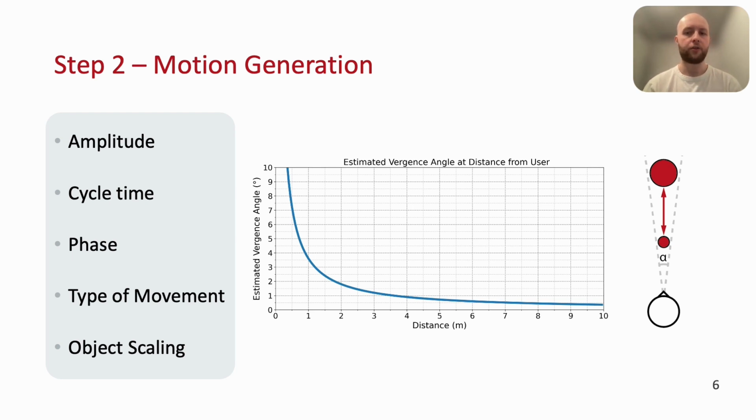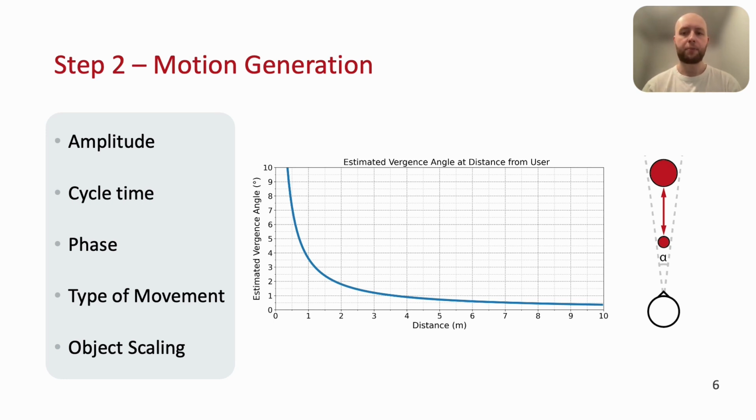And to maintain a constant rate of change of a vergence angle, object speed must then be nonlinear. So we therefore determine speed based on the cycle time. So how far does it go for a movement to go back and forth? And then we also rely on phase to make motions temporally as unique as possible.